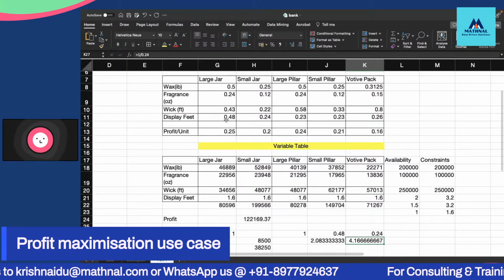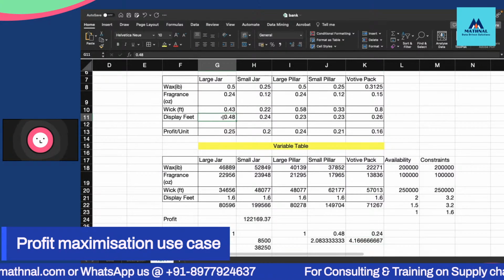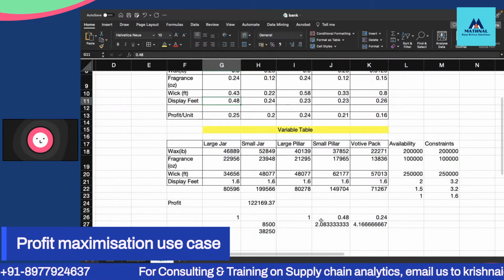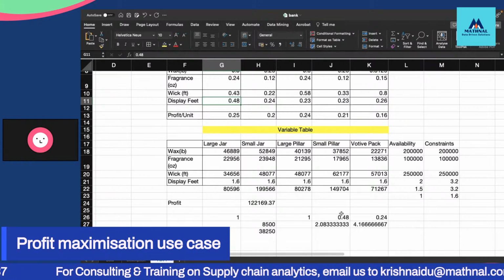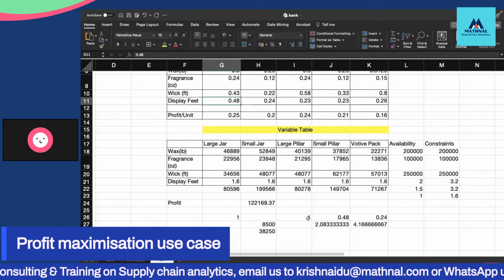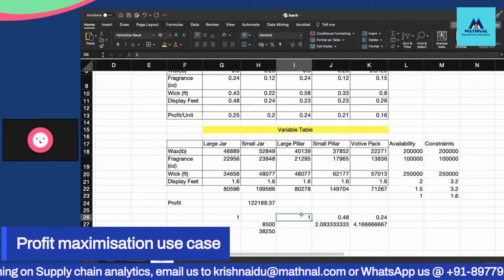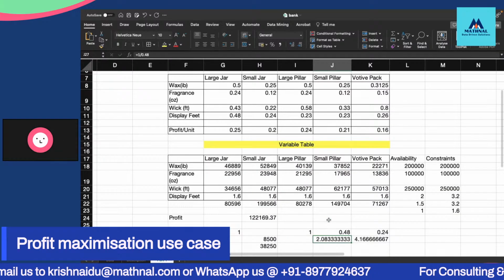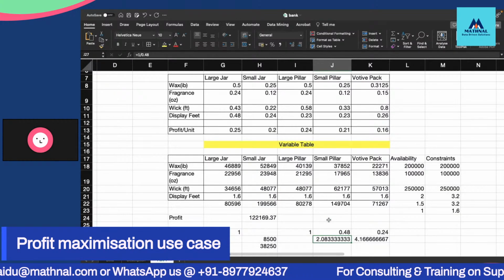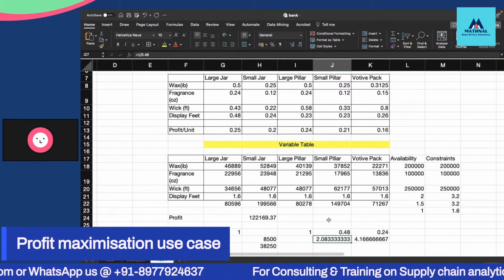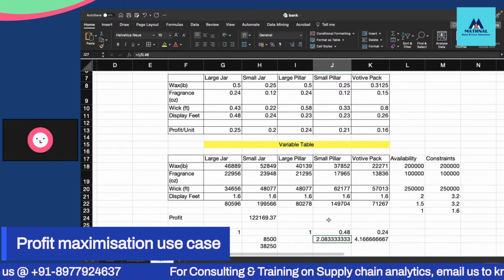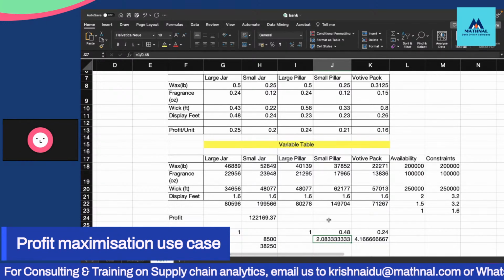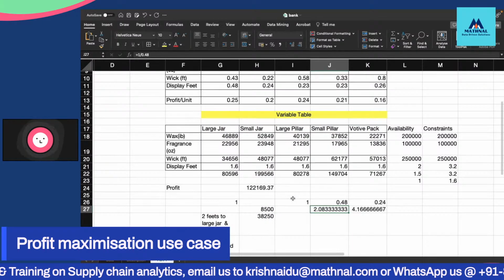This is the space which is required, 0.48 for one jar. So in 1 foot we get 2 jars.